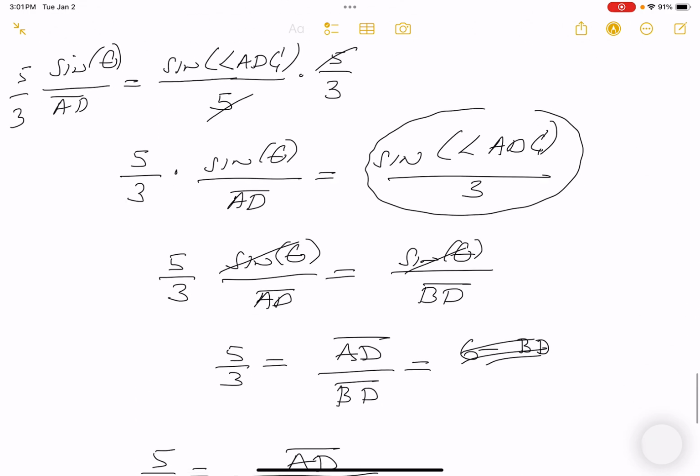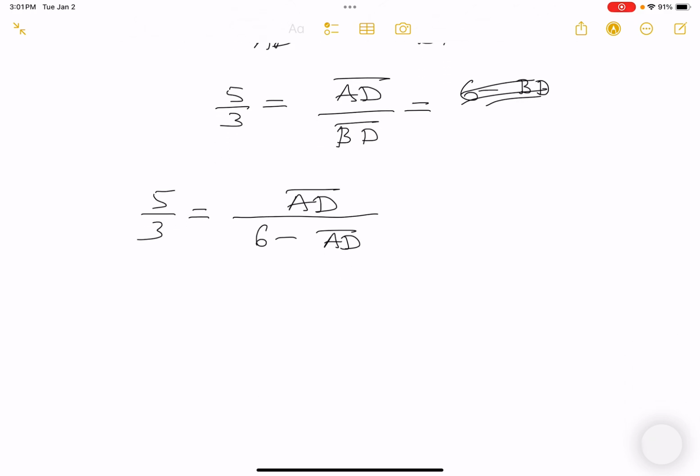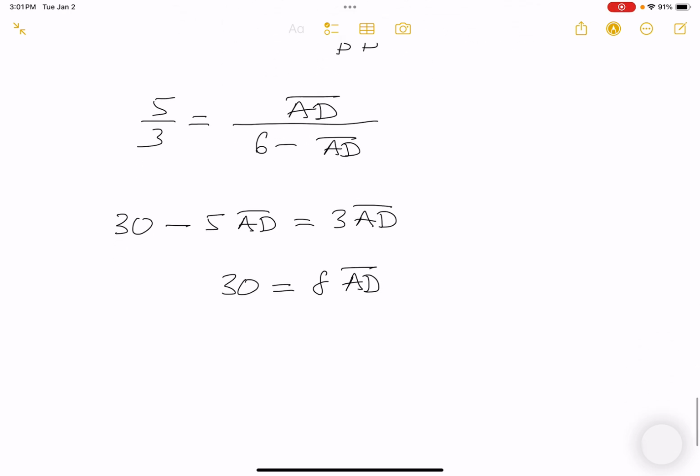That's going to be 6 minus AD. All right, I think I can do it now. What are you going to get over here? 30 minus 5AD equals 3AD. 30 equals 8AD. And I think I know what AD is now.